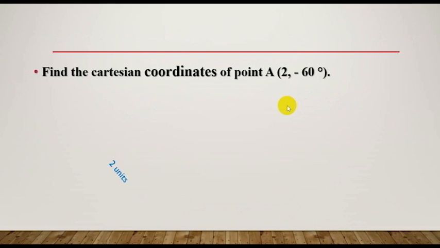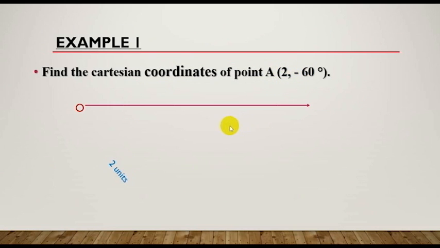This example tells us we need to get the Cartesian coordinates for point A, which has r equal to 2 and theta equal to minus 60. This example is easy because that's our x-axis, and we're moving down from it with the 60 negative, or with a negative sign, and the value of r is equal to 2 units.